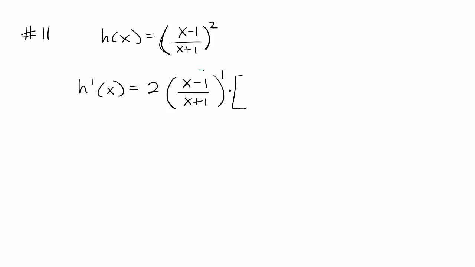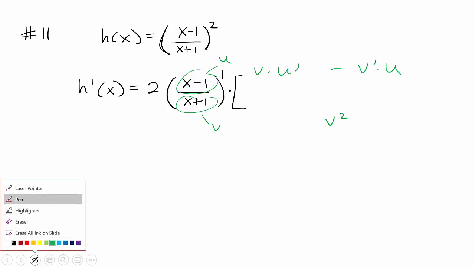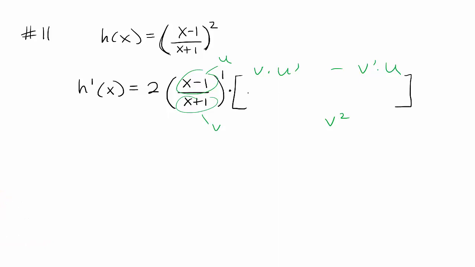All right, so for quotient rule, this part's going to be u. This part's going to be v. So it's going to be v times u prime minus v prime times u over v squared. That's like my guide there. So I'm going to have a quotient. Whatever's in the denominator, you're just going to copy that down and square it. So I'm going to have an x plus 1 squared.